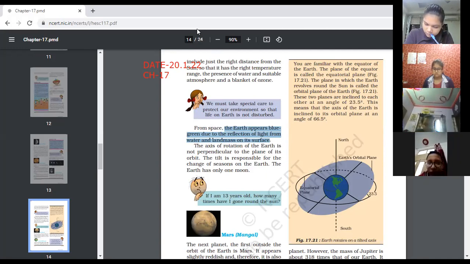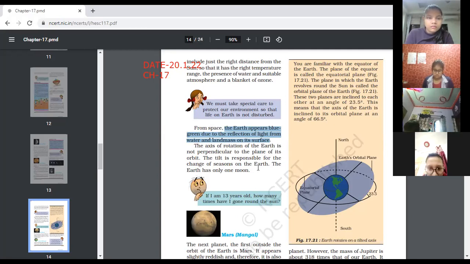So children, these are very, very important questions. Each and every question: why does Earth appear blue-green from space? Due to the reflection of light from the water and landmass of the surface. One more thing: what is responsible for the change of seasons on the Earth? You know, different seasons are there on the Earth.